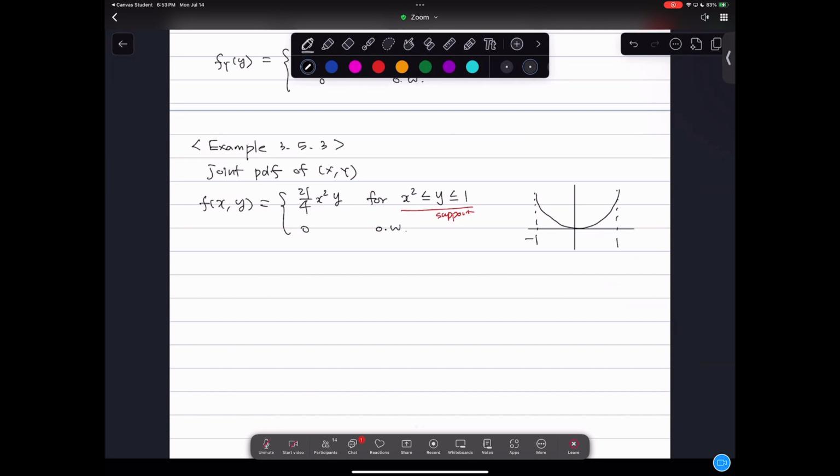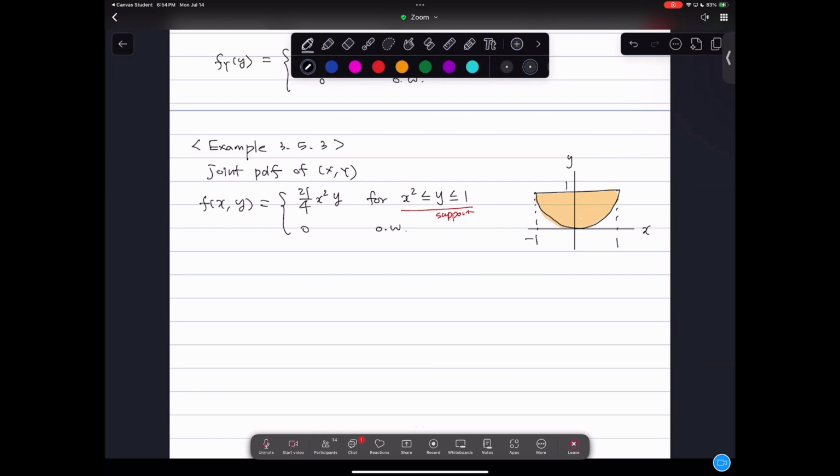So this is my x, and this is my y. So y is greater than or equal to x squared, but y is less than 1, so 1 is over here. So my support, where the density is defined, must be somewhere over here. It's not a rectangular area. So that's my support, and I have to imagine this joint PDF above this region.